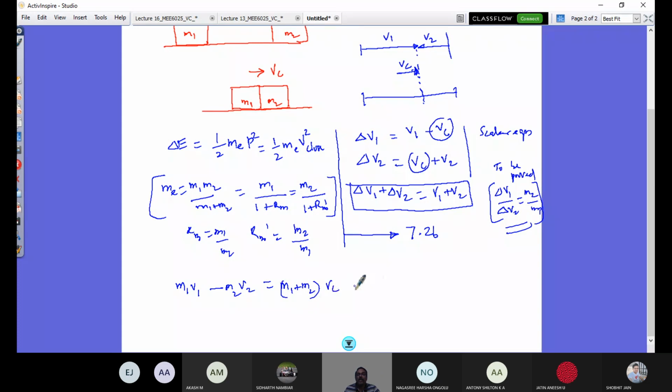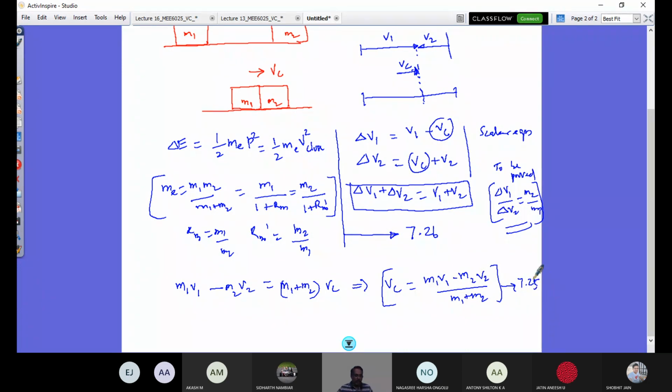This gives me the velocity Vc as M1 V1 minus M2 V2 by M1 plus M2. This is the common velocity expression. Let's call this equation 7.25 as per the textbook.